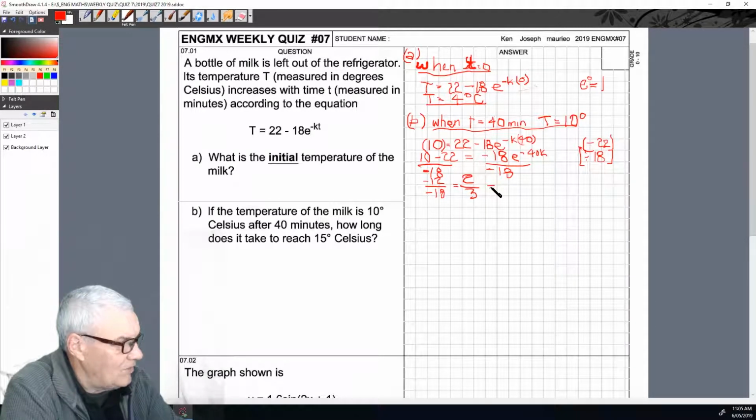And that equals negative 18 over negative 18, which just gives us e to the negative 40k.